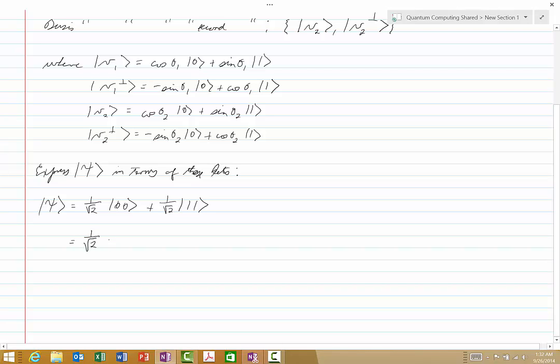Let's maybe write this in the following way, using a notation that we used in one of our problems earlier. This is 0 for the first qubit and 0 for the second qubit, and this one is 1 for the first qubit and 1 for the second qubit.